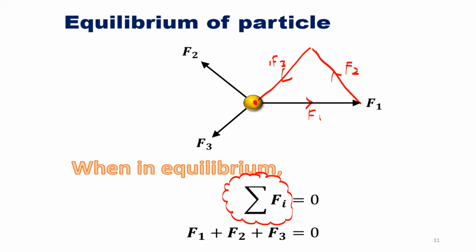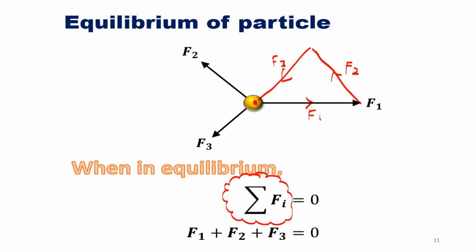If you remember, I did mention this before. So when you get a closed triangle, it means there is no net force on the system because it comes back to the same point. So there is no resultant. So this is based on the diagram we can see. But then in terms of formula, that's the understanding. So the net force is equivalent to 0.